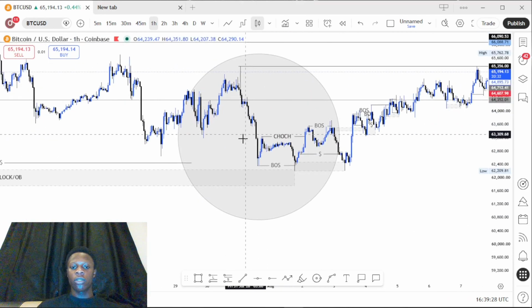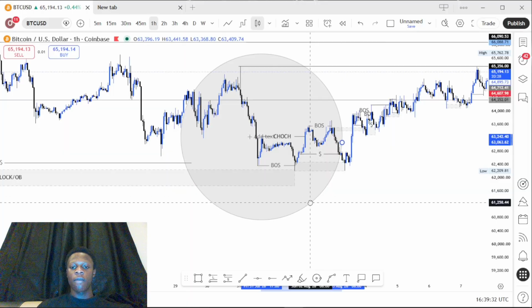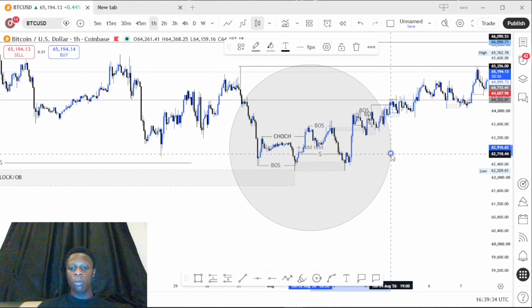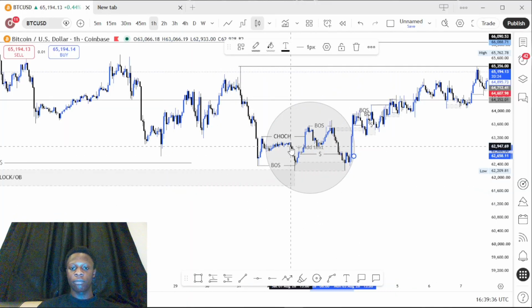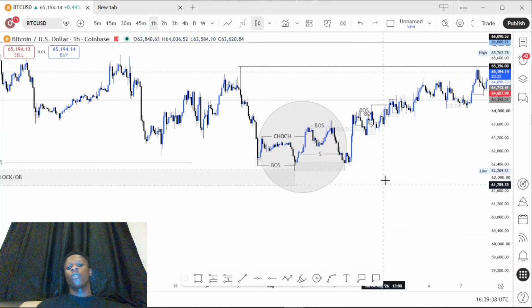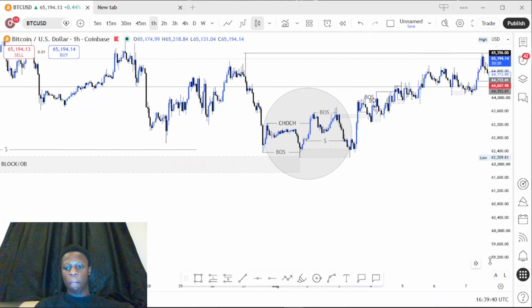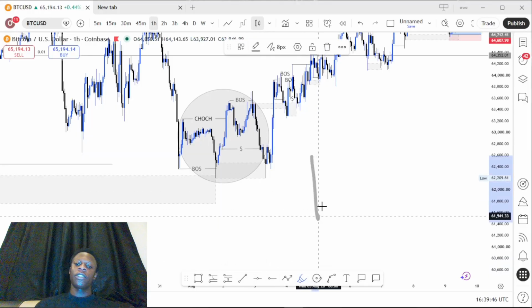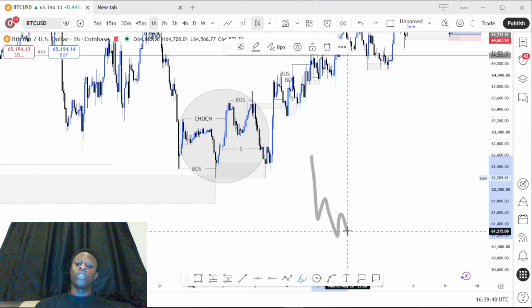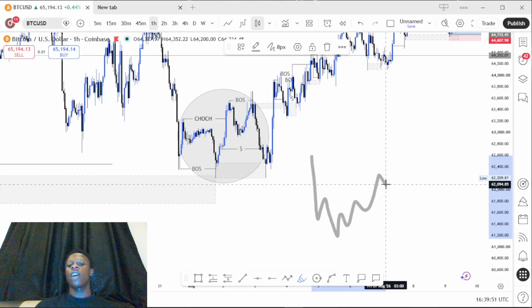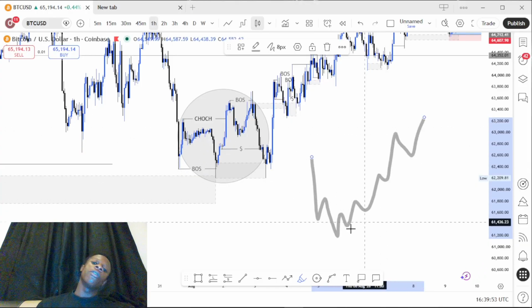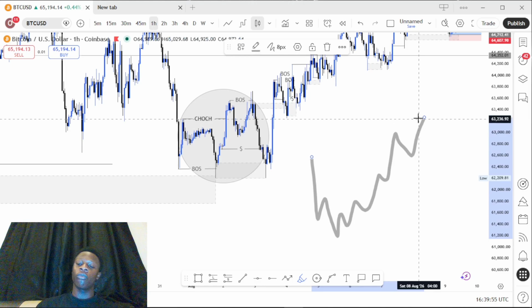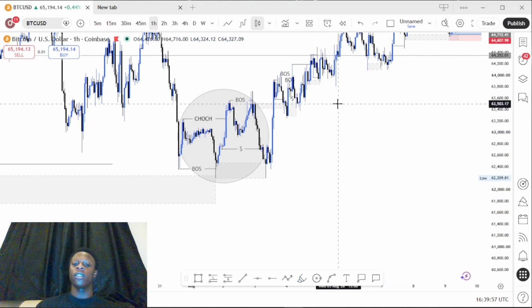So after I got this MMS right here, where I circled, the market turned from bearish to bullish. I'll try to see how the market was now moving from bearish to bullish.